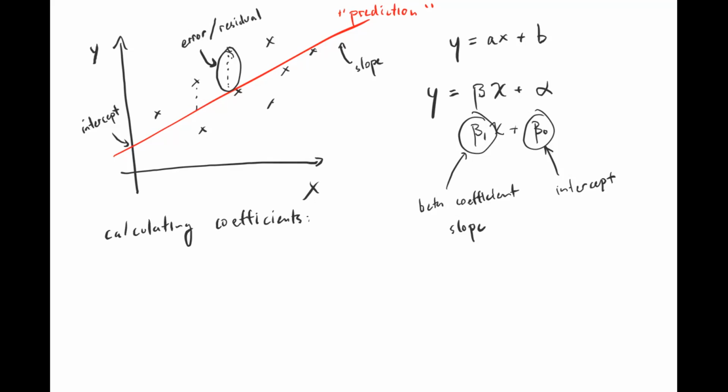But there are, in reality, two approaches that are commonly used to calculate your betas. And this is numerical methods versus analytical methods. This applies to optimization generally.